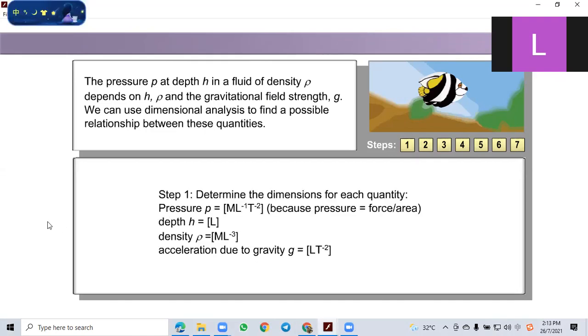First, as we know, the dimension of pressure is mL^-1 T^-2, because pressure is force per area, right?